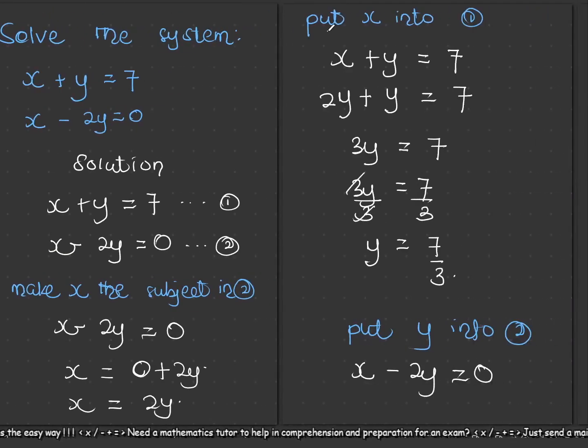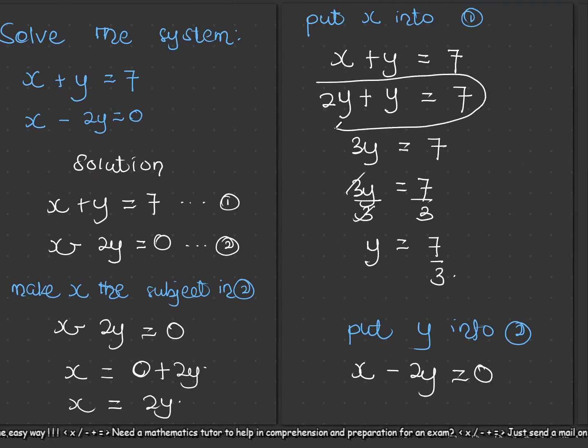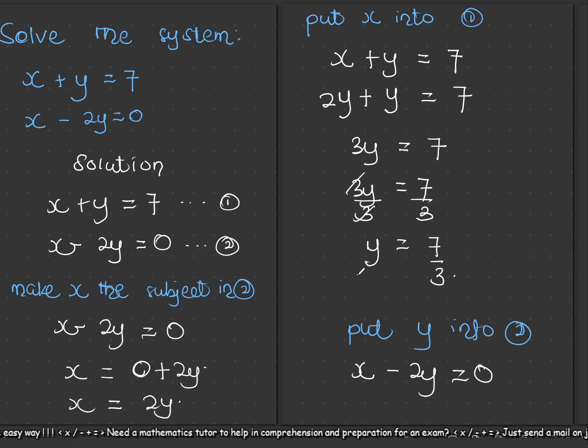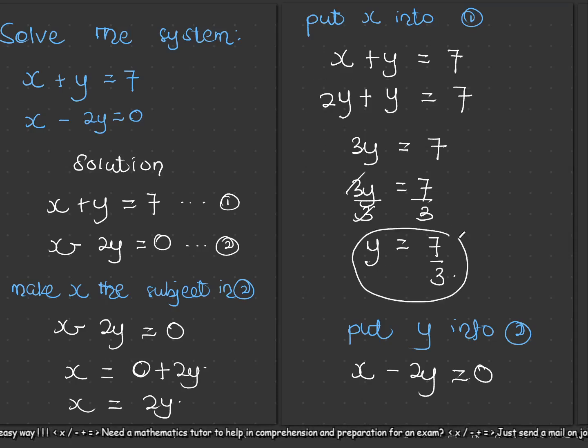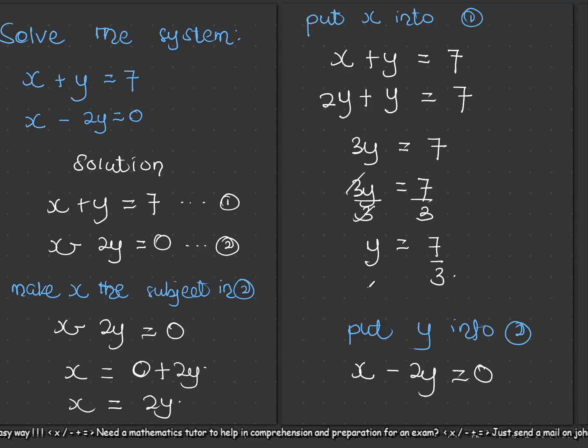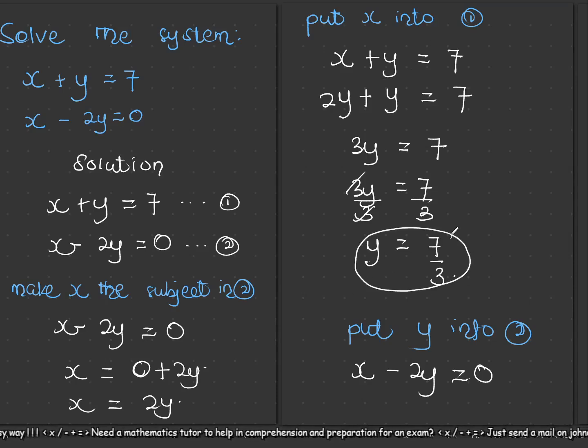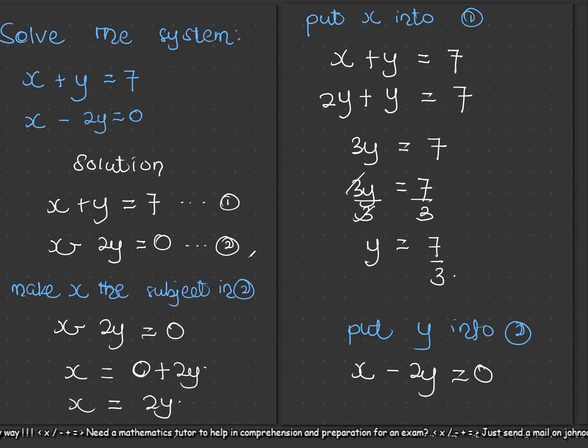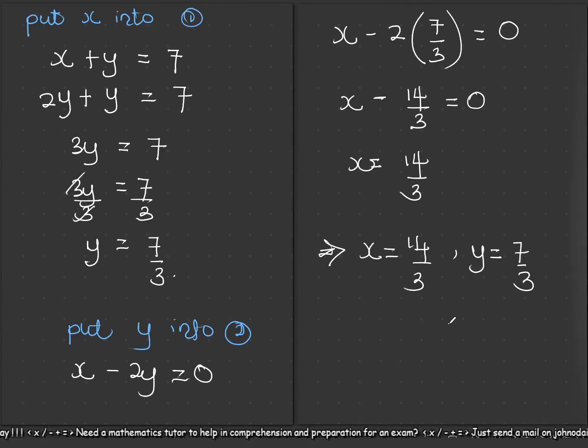After which you will now get a univariable equation, an equation containing just one variable, as you have seen over here. Then you can now solve for that variable, and you now substitute the answer you have gotten into any of these equations, and then solve for your other variable. Let's solve one last question to test our understanding.